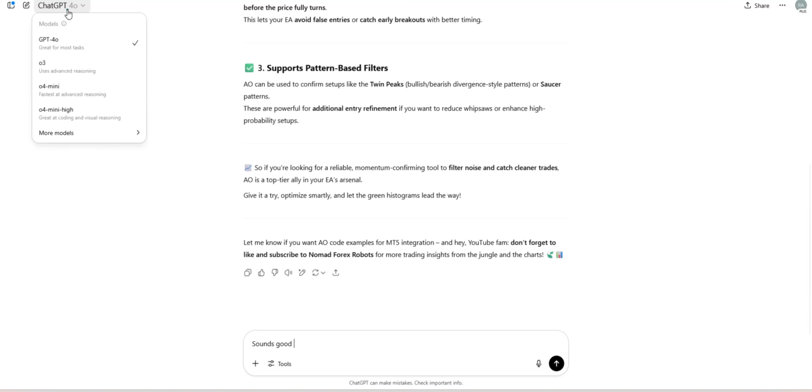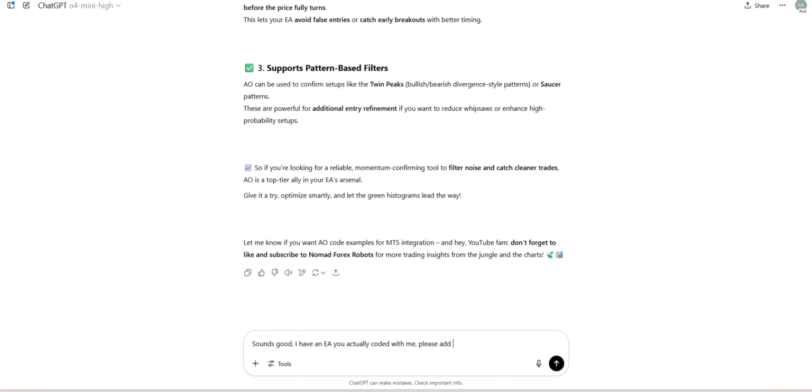Maybe it is going to be easier now to deal with ChatGPT because we already softened it up a little bit. Sounds good. I have an EA you actually coded with me. Please add an AO filter into the EA in the following way.